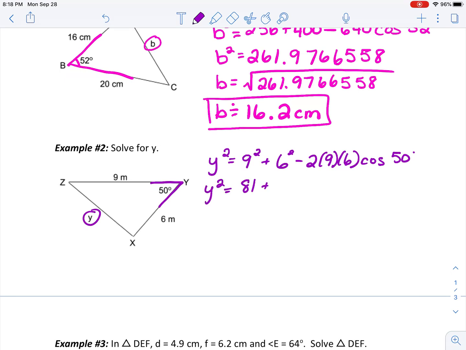Then we can do the squareds, or you can put it all in your calculator at once. We're going to multiply 2 times 9 times 8, times cos 50. If you're having trouble in your calculator, you could even take another step and do 108 times cos 50.